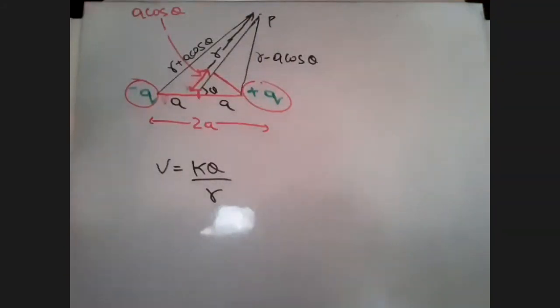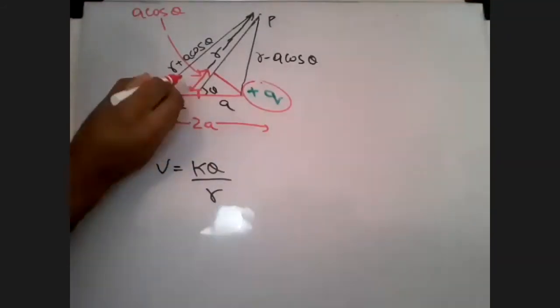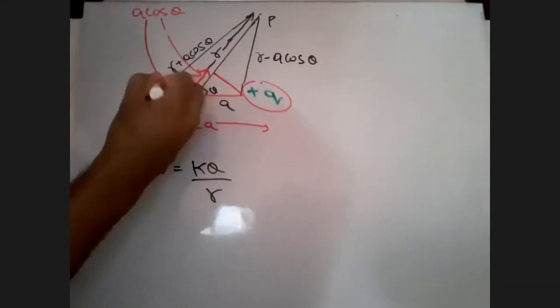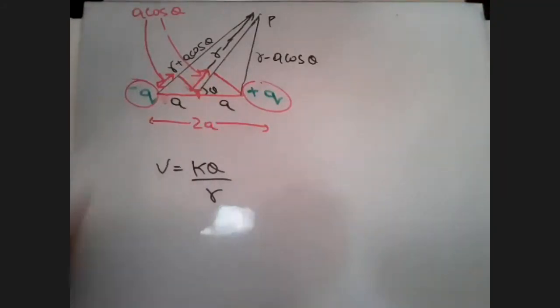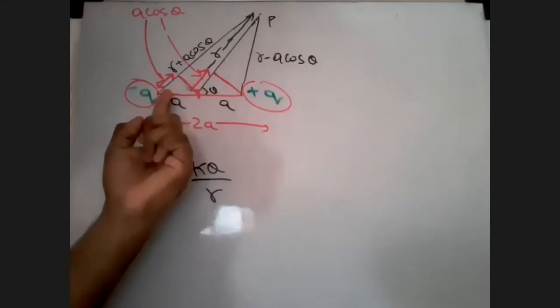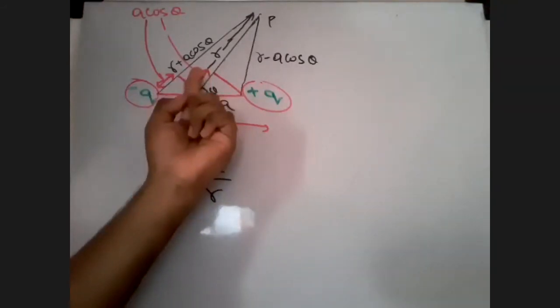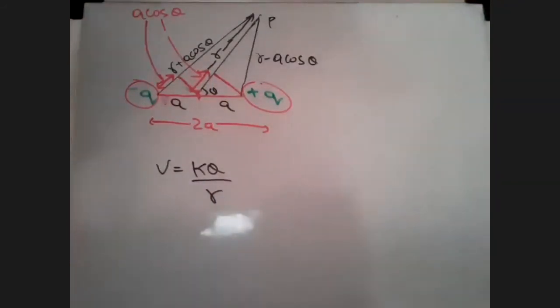If I draw a perpendicular here, this small portion will become A cos theta, and this is R, so R plus A cos theta. That is what I have written in black over there. Clear?